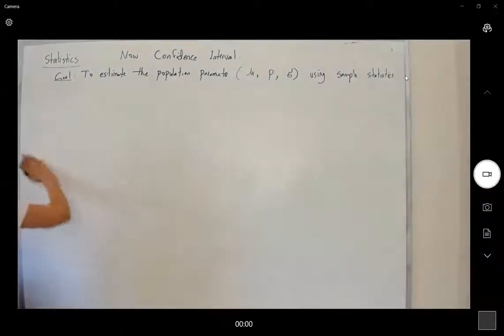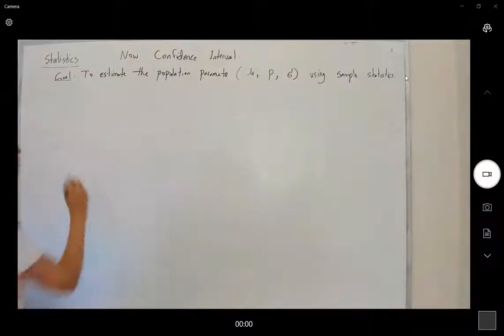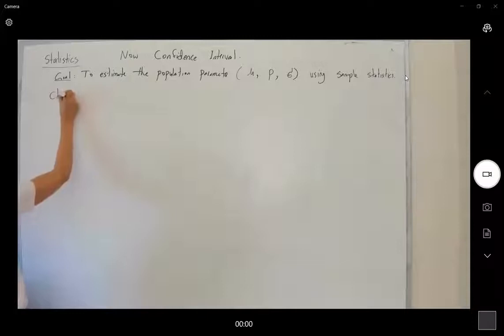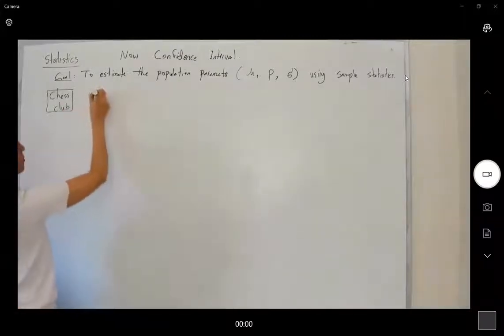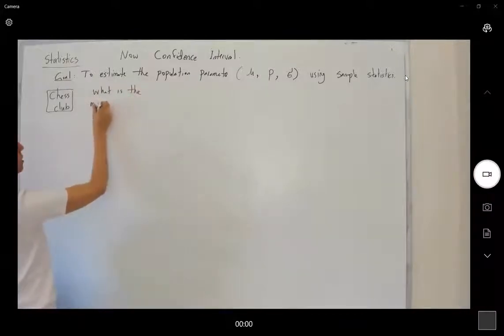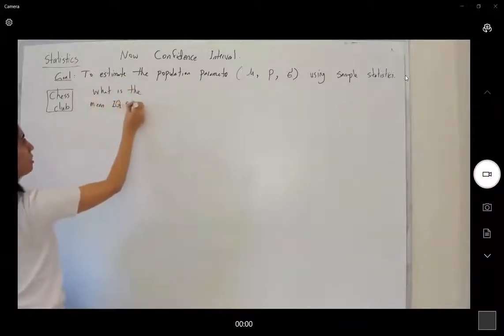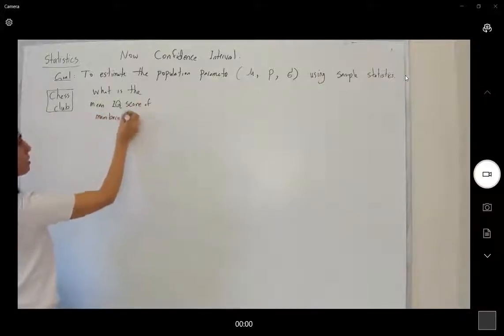Think about it this way. Suppose there is a chess club, and we want to know what is the average IQ score of people who are members of that chess club. What is the mean IQ score of members of this club?